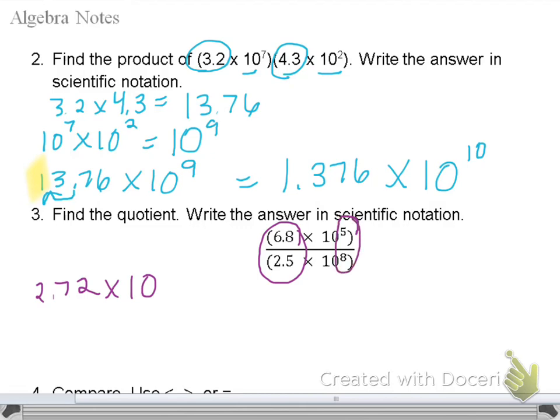So we would have 5 minus 8, which equals negative 3. So we'd have a 10 to the negative 3rd power. And you can see there's one digit in front of the decimal, so that's our final answer.